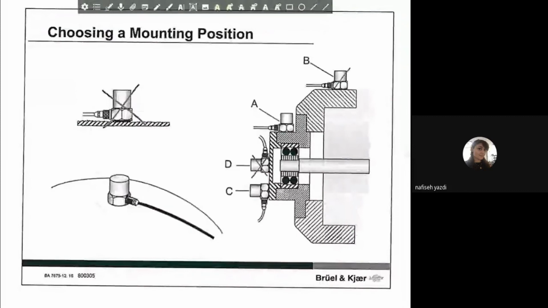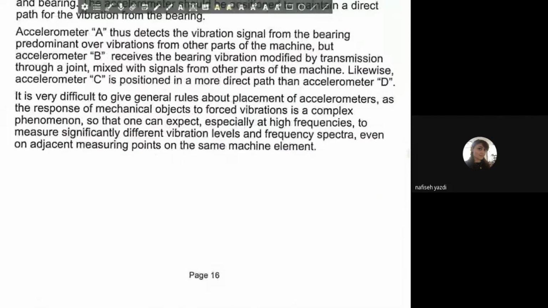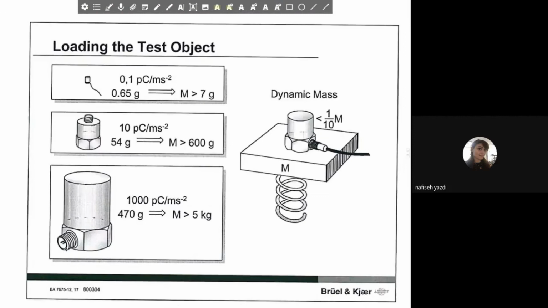So these two positions, B and D, are not good because they are measuring something else with respect to the vibration of the bearing and the shaft. Okay, thank you.